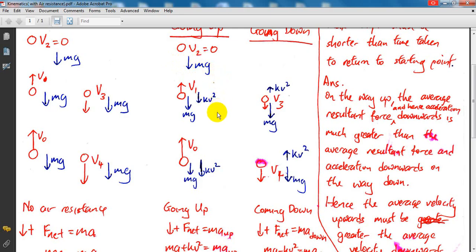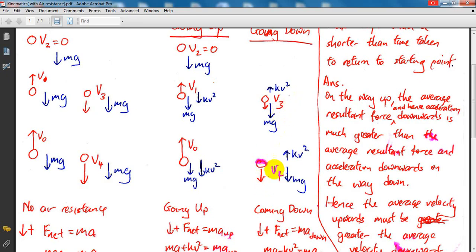As the ball comes down, the idea changes a bit, because now the velocity of the ball is directed downwards, hence the drag force must act upwards. Drag force always acts opposite in direction to the motion. So as it further goes down, because in this case the weight is greater than drag force, we know that the acceleration is still downwards and the velocity must increase.